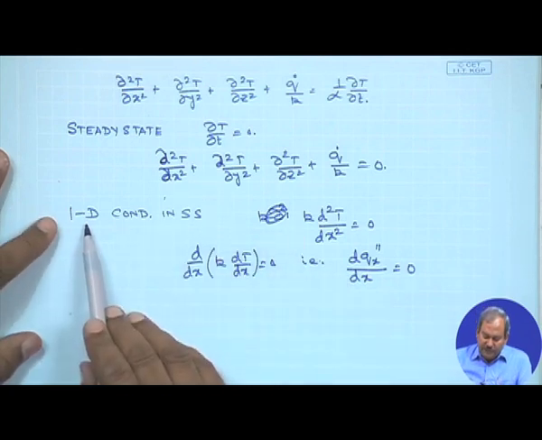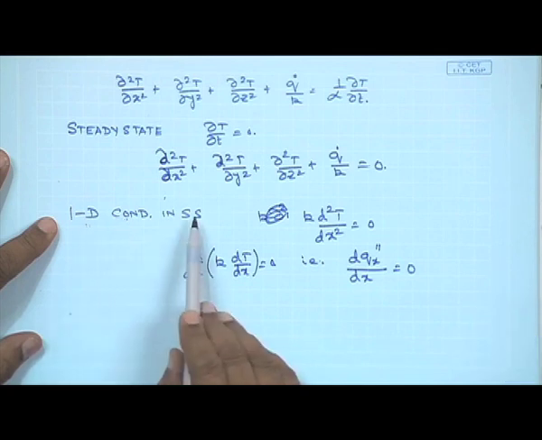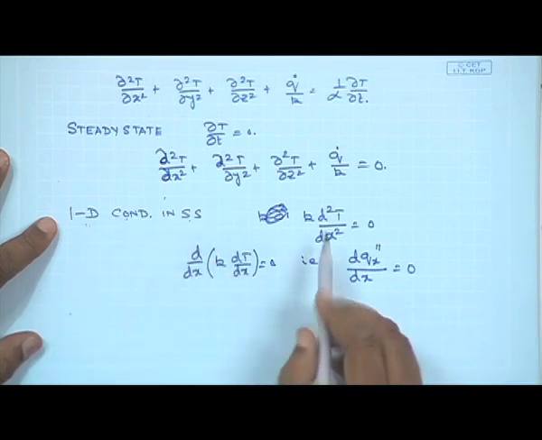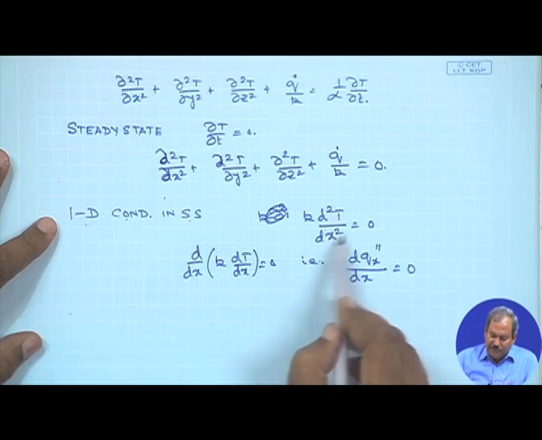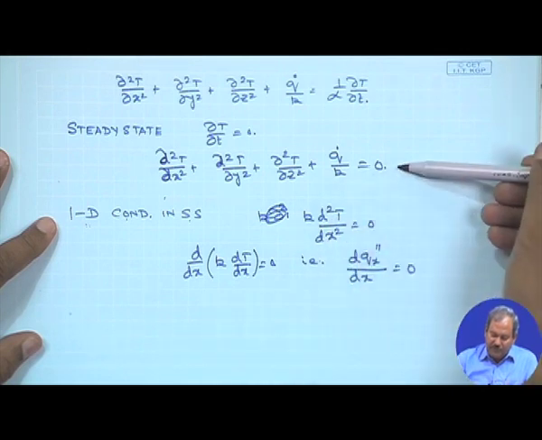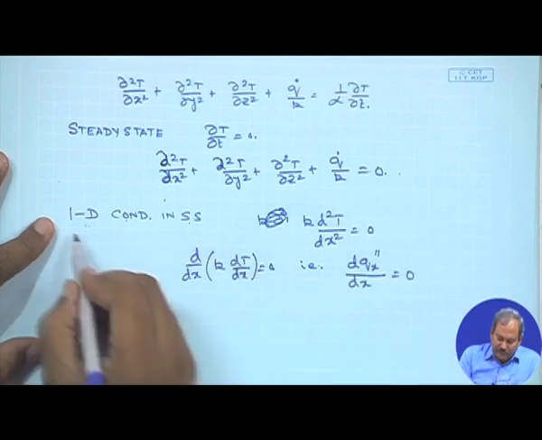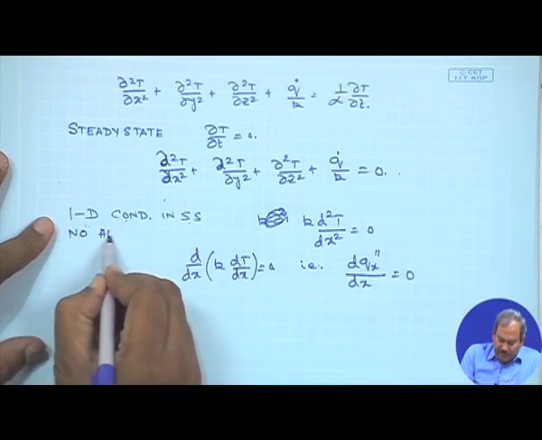So this analysis simply tells me that for the one dimensional conduction only case at steady state, k times d2T dx square is equal to 0, which directly follows from the previous equation, and obviously there is no heat generation.